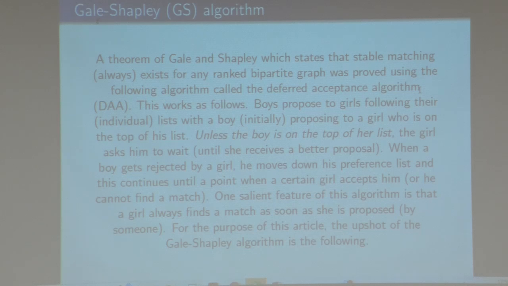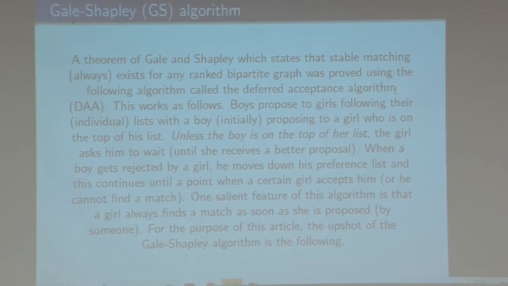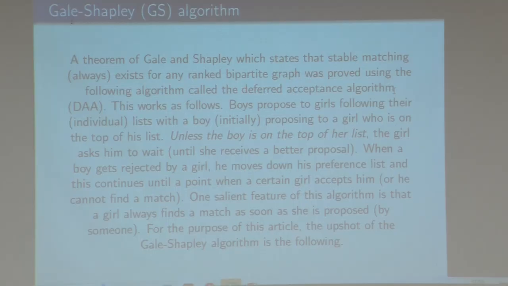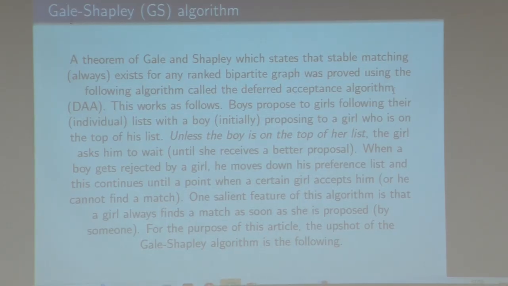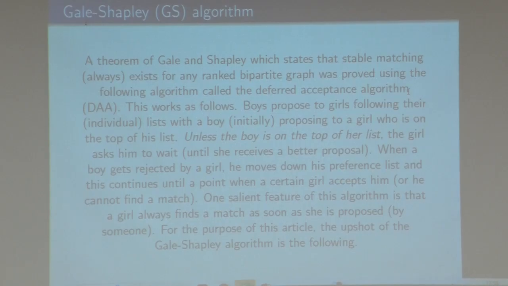So this is the idea of the deferred acceptance algorithm. One feature of this algorithm is that a girl always finds a match as soon as she is proposed to.